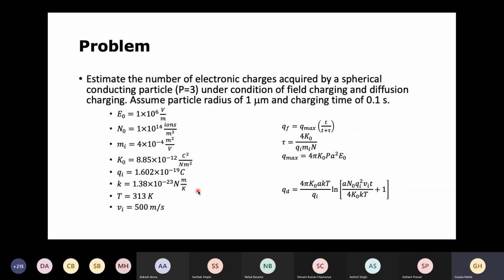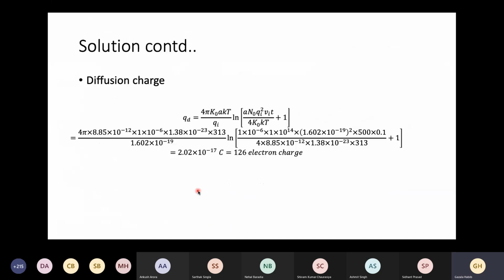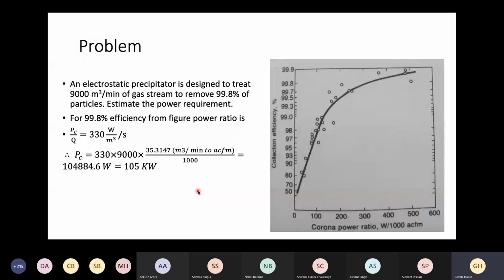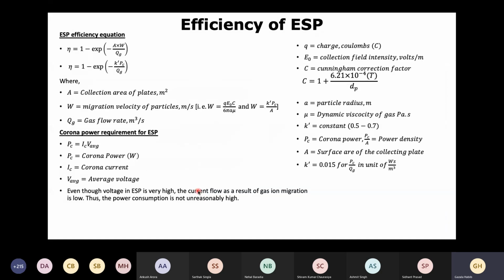Okay, so having said that, we will see that the efficiency of the ESP can be calculated using this formula, and QG is the gas flow rate, right? The migration velocity W can be given by these two formulas.